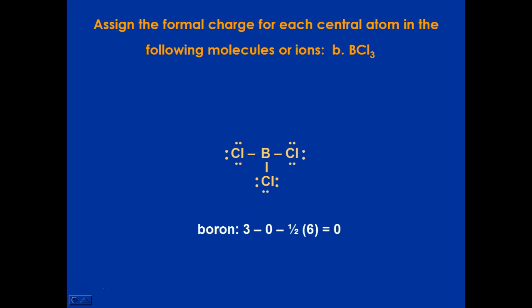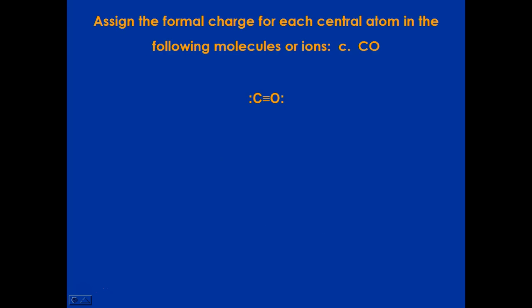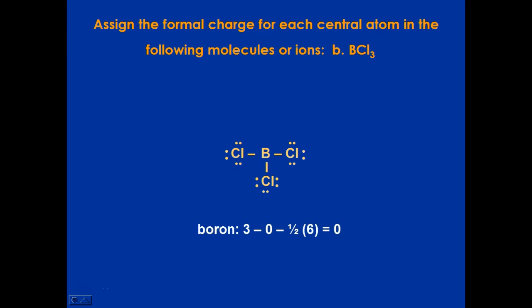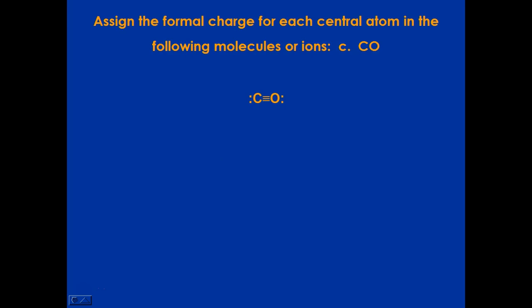And again, the closer we are to 0, the more ideal it is. If we look at chlorine, I did not do chlorine for that one, sorry. Chlorine starts with 7 valence electrons. You're sharing 2 electrons and you have 6 lone electrons assigned to it. So it would be 7 minus 6 minus half of 2. So each of the chlorines would also have formal charges of 0.